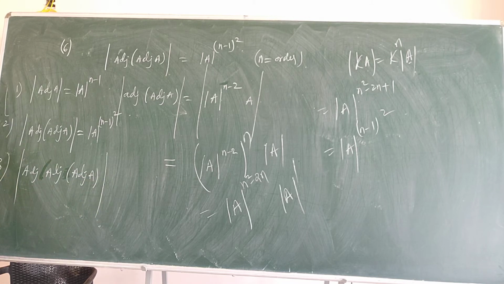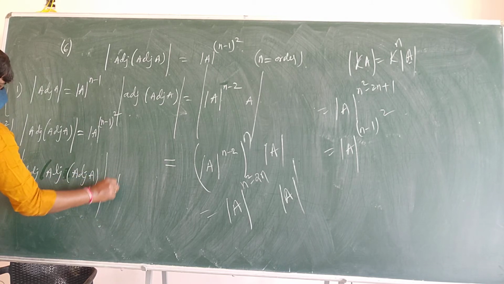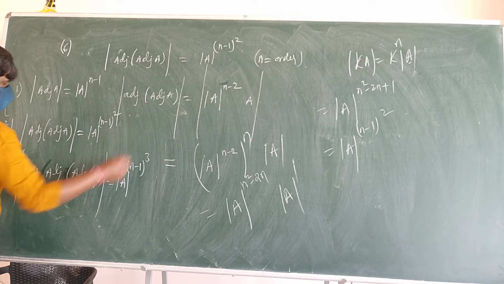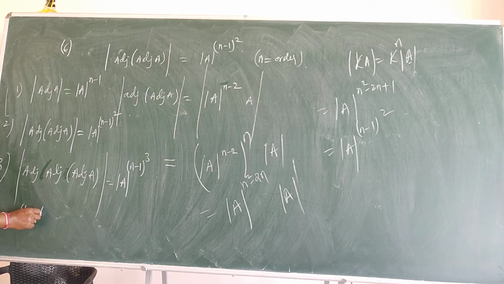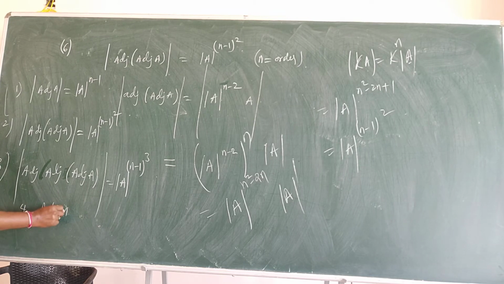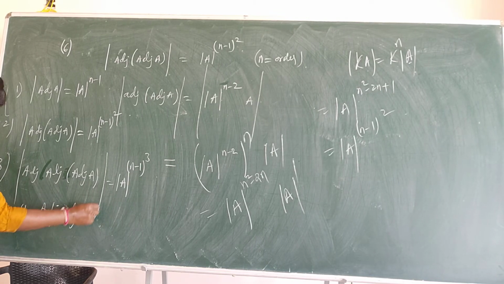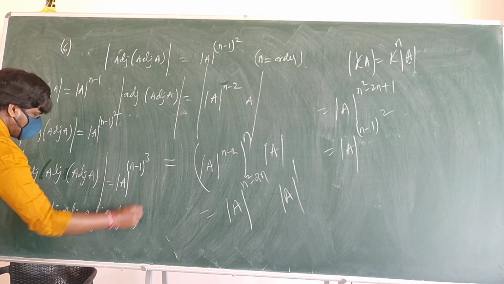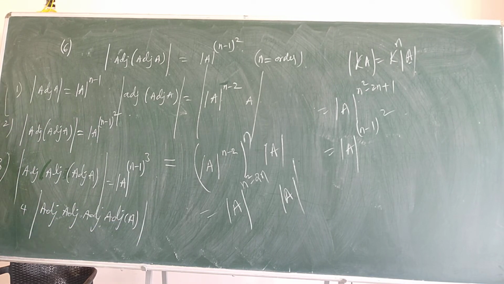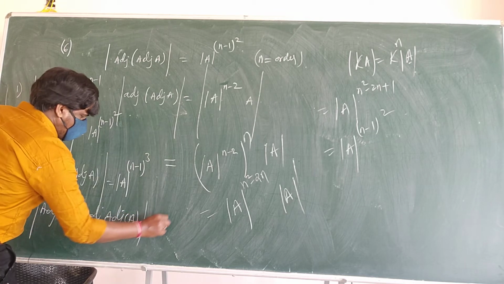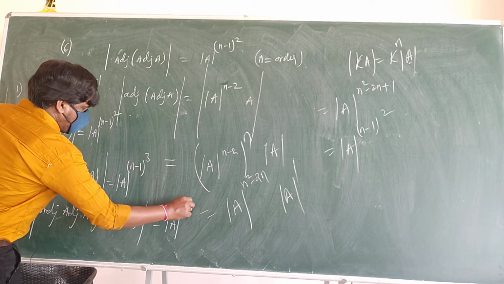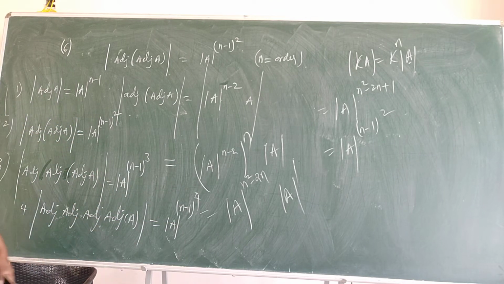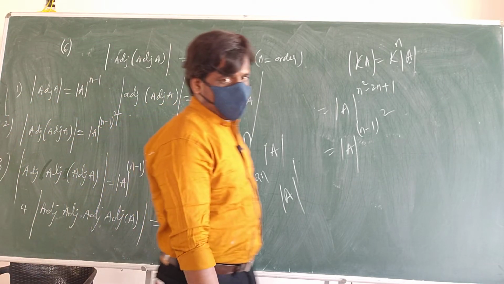This is what you get: determinant of A whole power (n minus 1) whole cube. Next point, adjoint of adjoint of adjoint of adjoint A, the determinant will be how much? Determinant of A raised to the power (n minus 1) to the power 4. Likewise you will get everywhere.